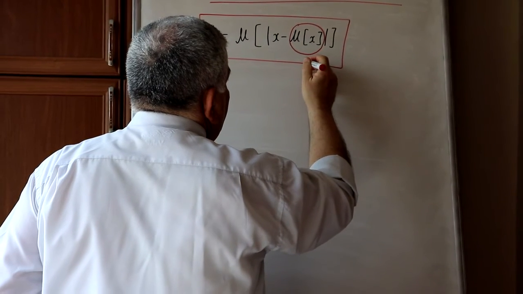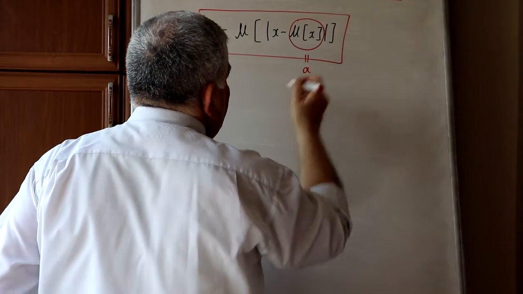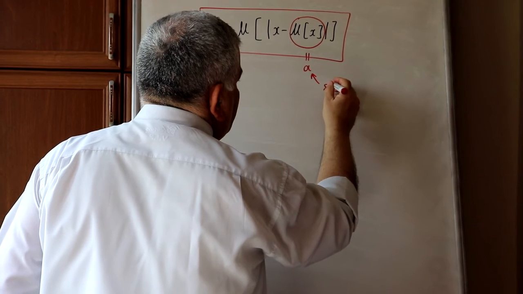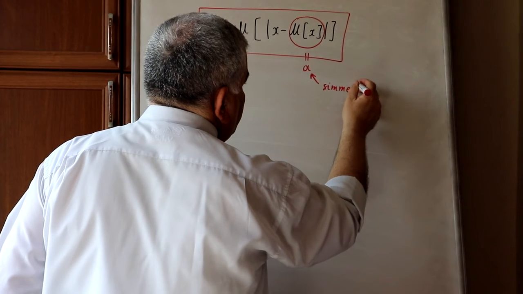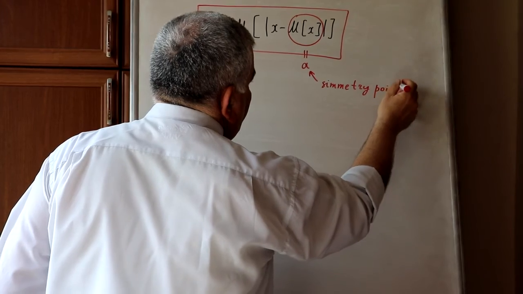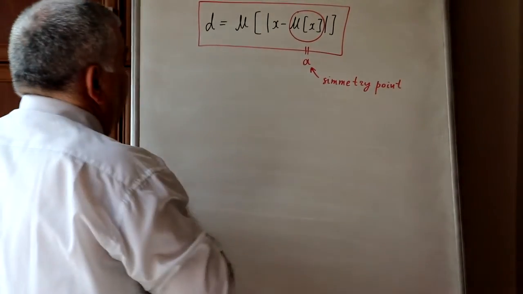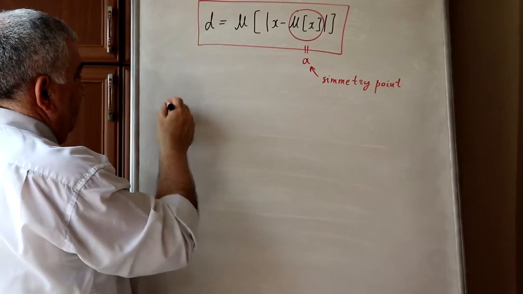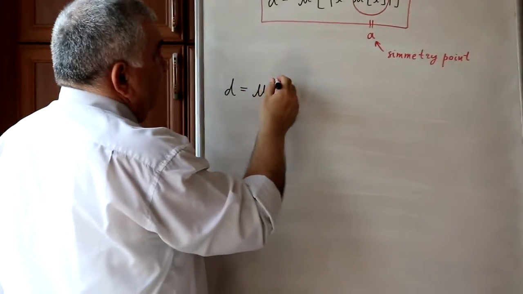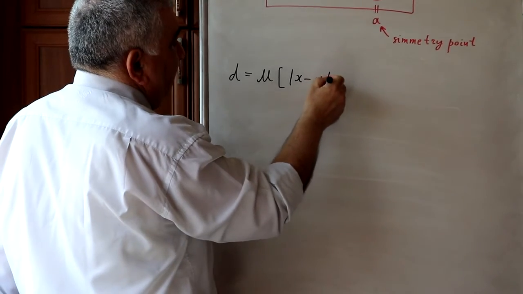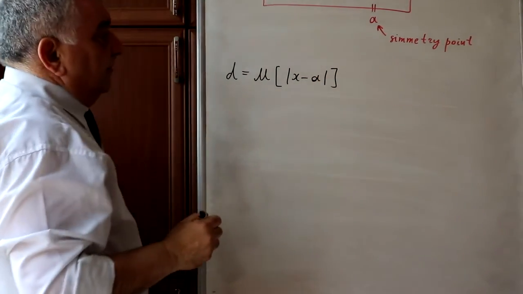Here a is the symmetry point. We can rewrite this formula. D is M modulus X minus a.